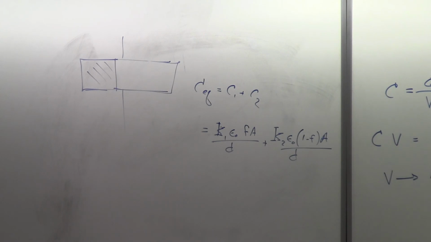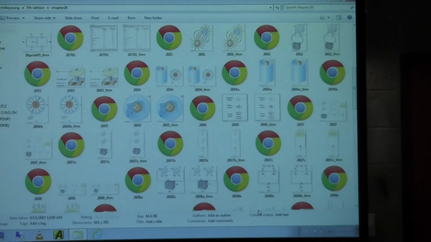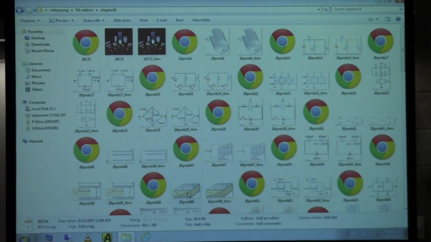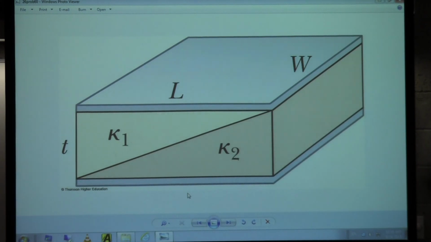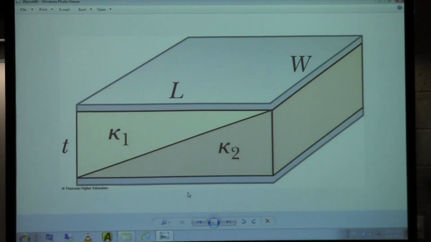So, you ready for a magenta one? What if we do that? No, you don't just add those 2 dielectric constants.